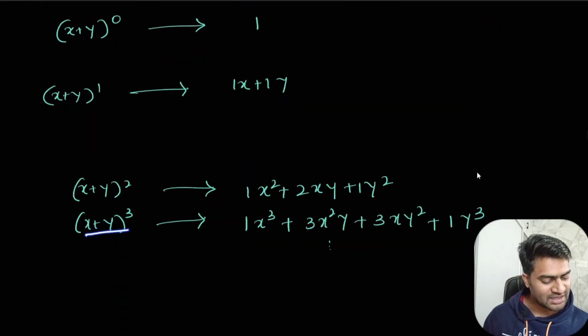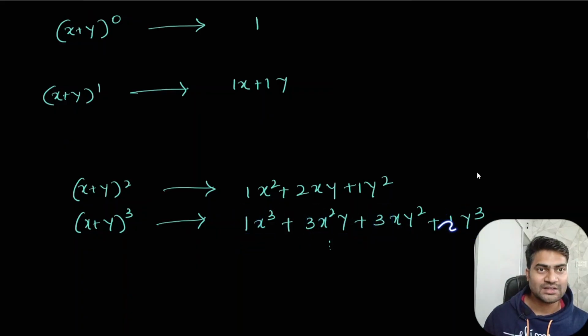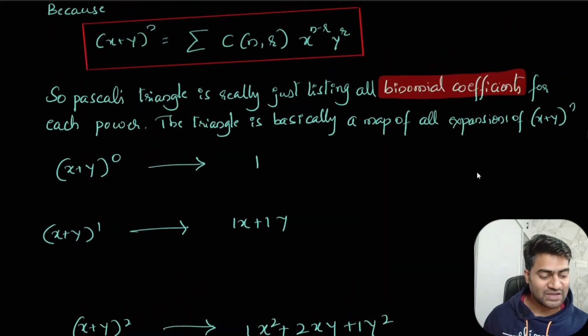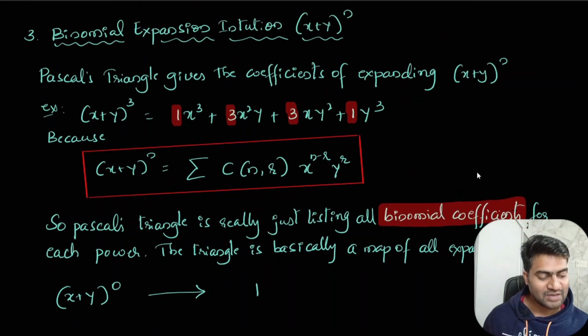And x plus y to the power 3 is 1x cube, 3x square y, 3xy square plus 1y cube, correct, right? 1, 3, 3, 1. So this is one more intuition, when we correlate this Pascal triangle with the binomial expansion for x plus y to the power n.